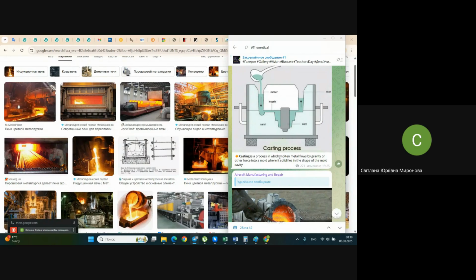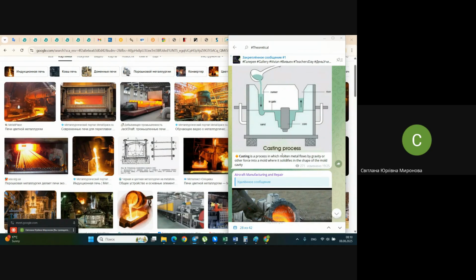Casting is a process of molten metal pouring into some shape, into some form. Such a form is usually called mold. The process itself you may also meet with the name molding. Casting and molding practically mean the same.